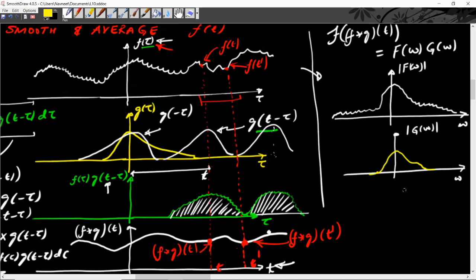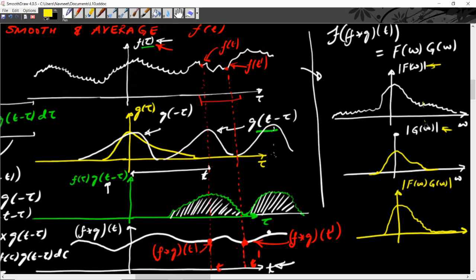Then the product of the Fourier transforms of f and g would be non-zero only in the range of frequencies where G of omega is non-zero, and then we'll take the product of F of omega and G of omega, and we might get a resulting product something like this.